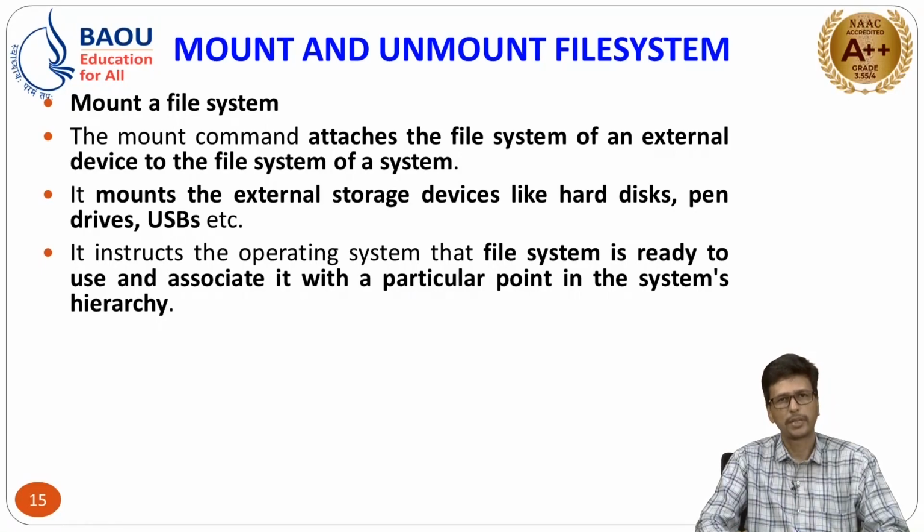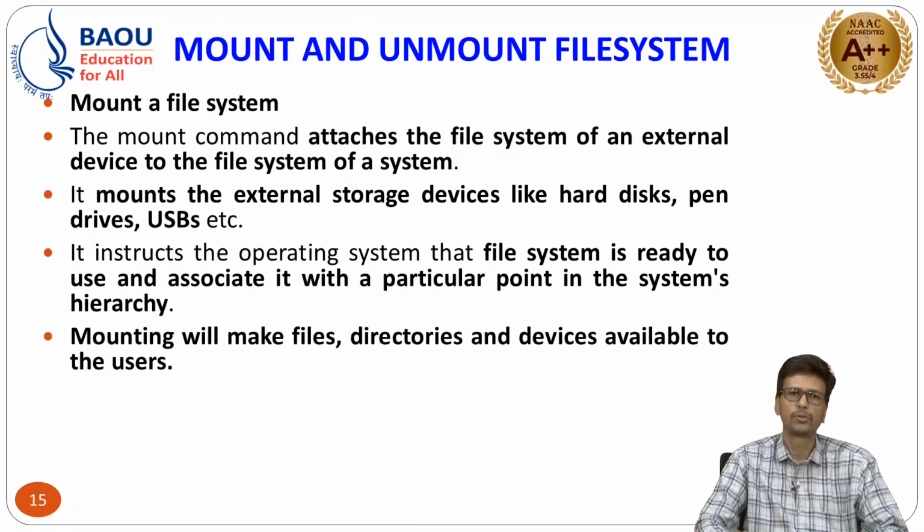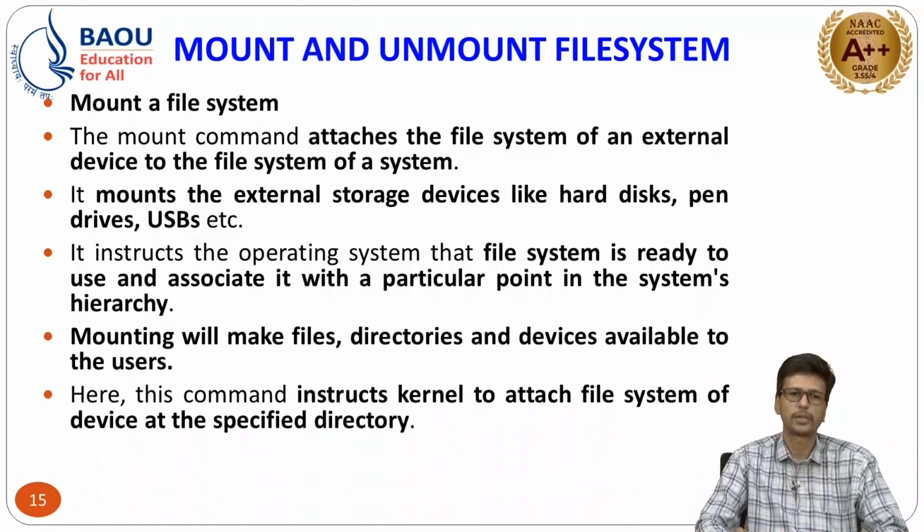In the Windows operating system that is done automatically, but if you want to perform this manually, you require these two commands, mount and unmount, right? So if you are using Linux or Ubuntu and you want to add a pen drive or any external hard disk to your system, you have to apply the mount command, right?